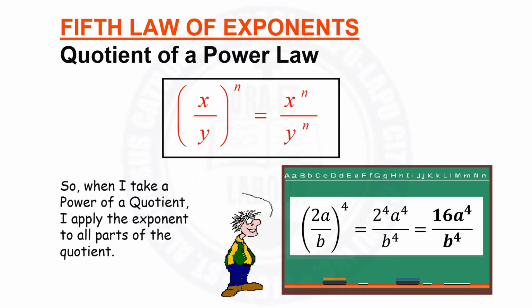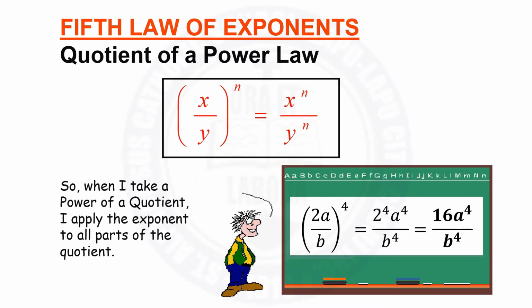Example, the quantity of 2a all over b raised to 4 is equal to, distribute the exponent 4 to 2 and variable a and also to variable b. Therefore, we have here 2 raised to 4, a raised to 4, all over b raised to 4.